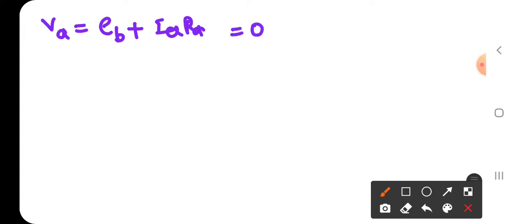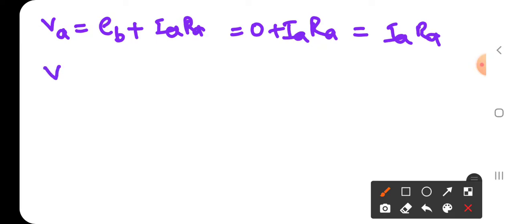Therefore this is 0 plus IA RA, which is equal to IA RA only. When speed is equal to 0, then VA is equal to IA RA, in the sense 25 he has given, resistance is 0.2, this will be 5.